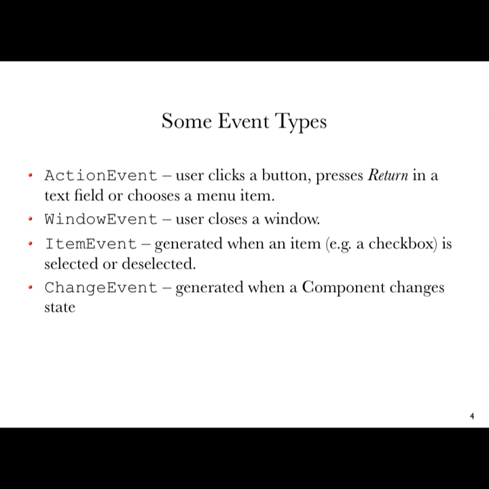However, there are times when you might want to deal with that very low level stuff. So let's say you were writing a program to do drawing, so to allow the user to draw on some part of the screen. So you might have something, let's make this very primitive, you might have one or two menus there, and perhaps a button or two down here to change the colour of the pen you're using.